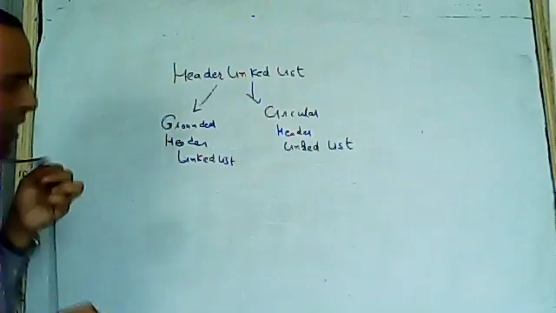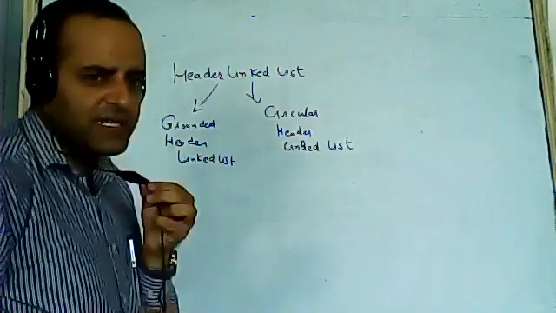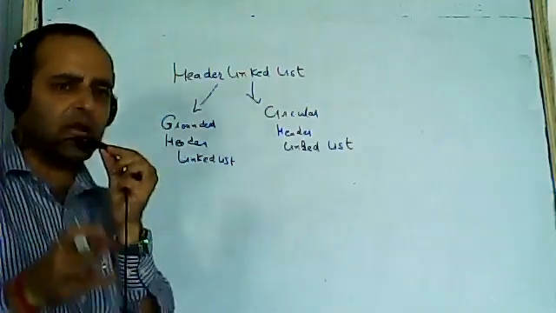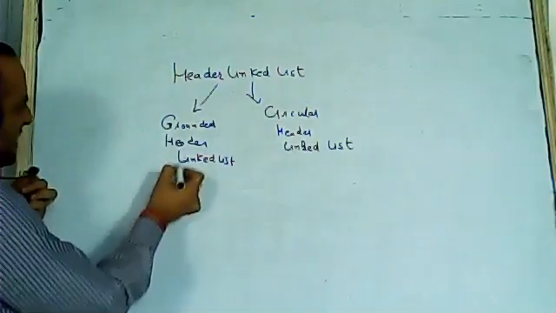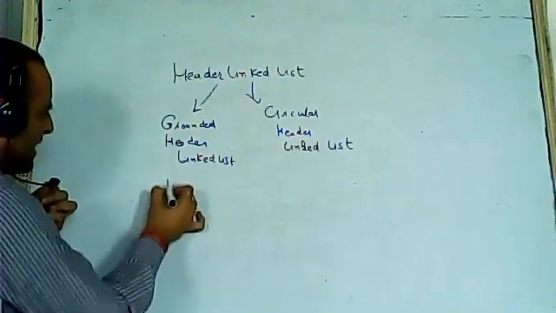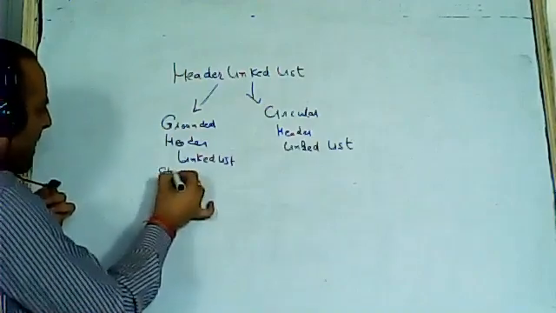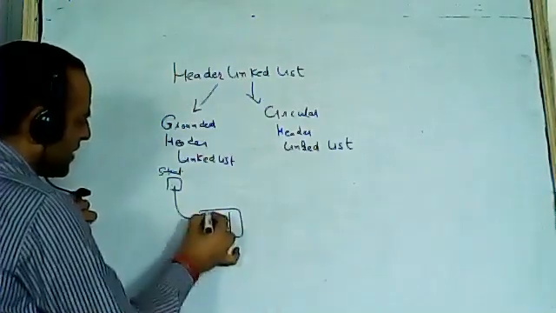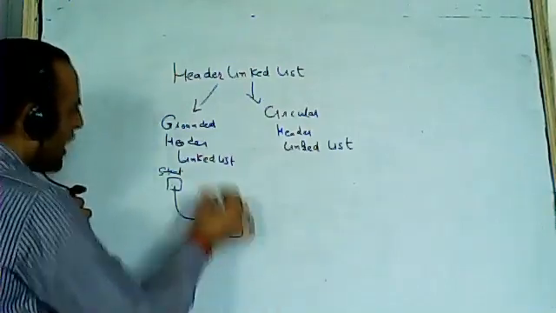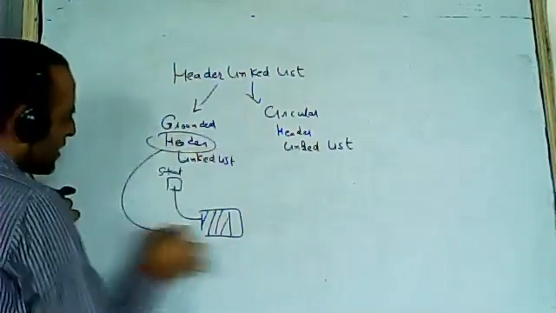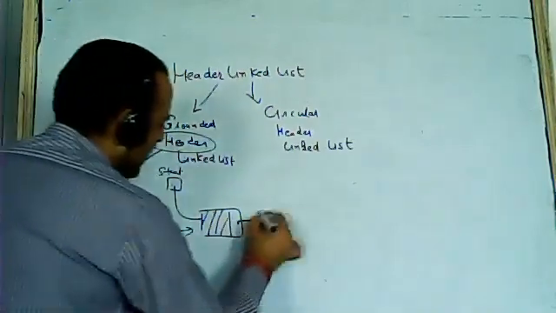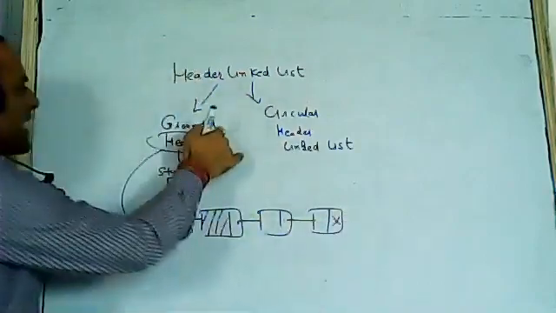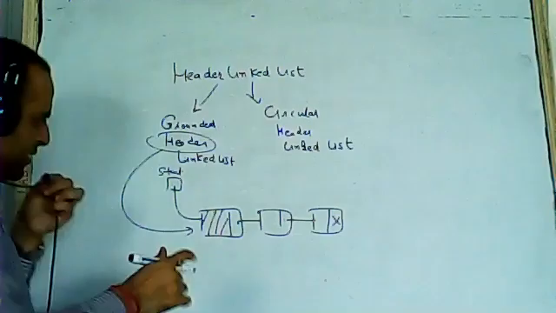Now, why do we call it a header linked list? Because it has a special node at the beginning called a header node. If we go for a grounded header linked list, this is my start, and here I have a special node called the header node, and then the rest of the linked list.